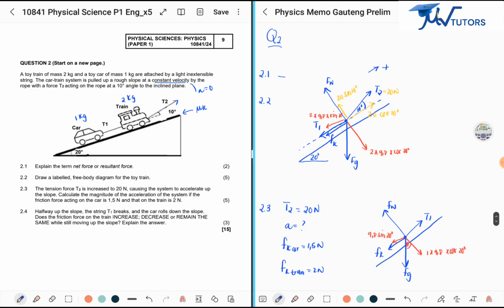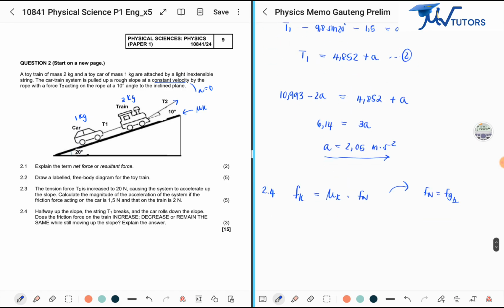So it's normal force plus T2 sine 10 degrees will be equal to that. So yeah, minus T2 sine 10 degrees.